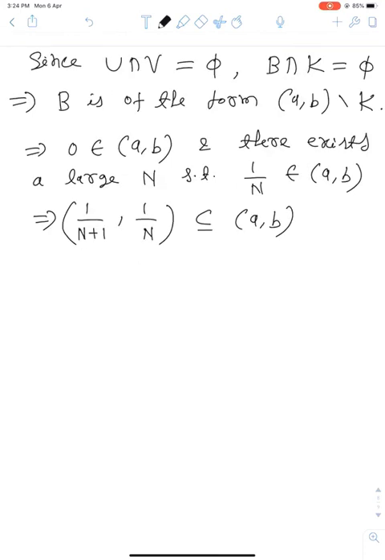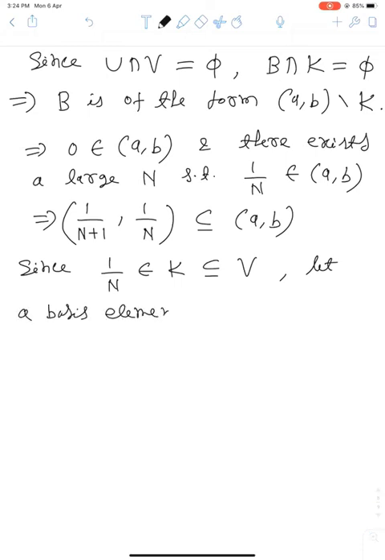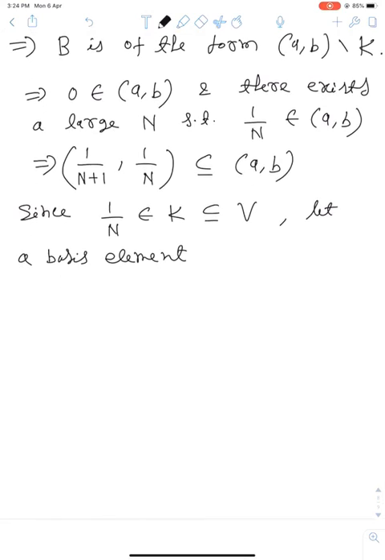Now we know that 1 by N belongs to K, which is a subset of V. So let a basis element, say B dash, be such that 1 by N belongs to B dash subset of B. Now what kind of B dash will be here?